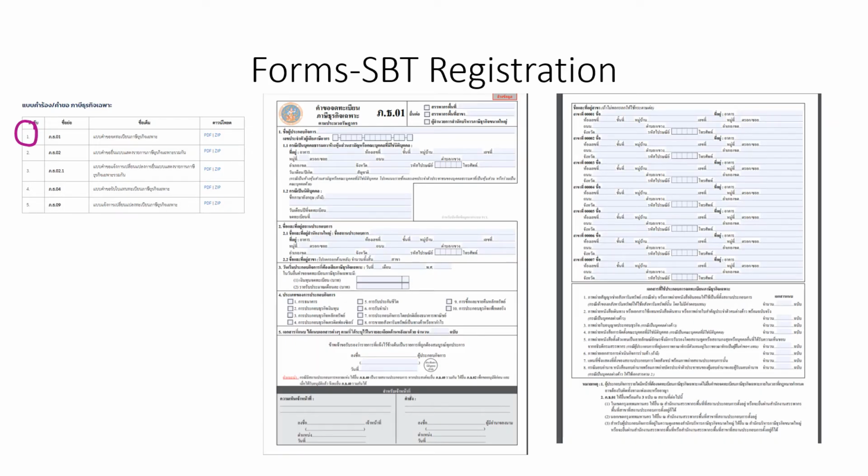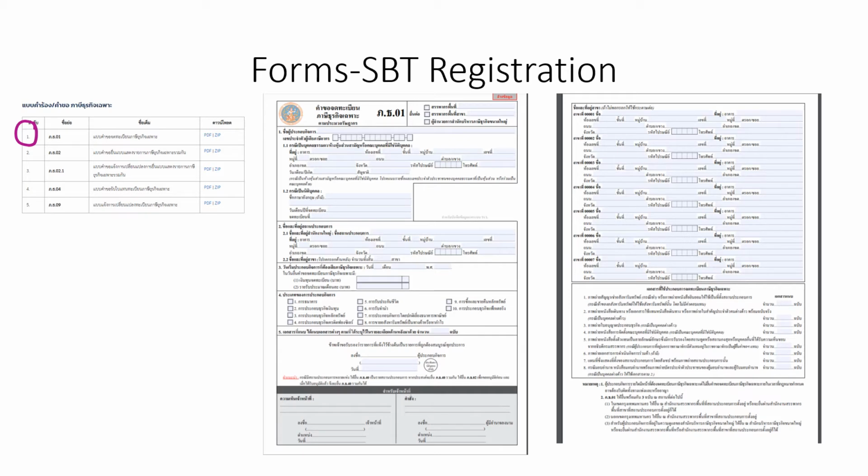This is an example of the SBT registration form. In order to register, you can see that you need to provide your business information in part 1 and about your business, the place of your business in part 2, and in part 3, this is the important one, you need to provide the Revenue Department with the commencement date of your business, because you need to do this within 30 days.